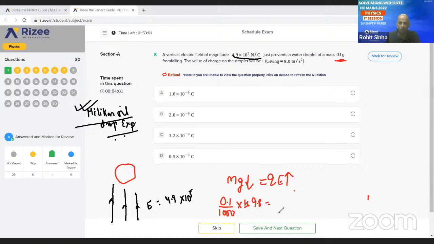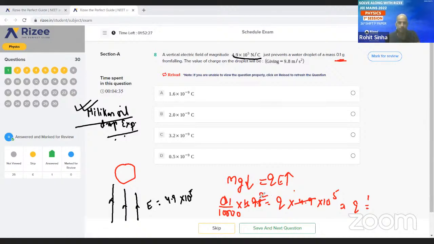Q we have to find, and E is given as 4.9 into 10 to the power 5. Just solve it. The 10 will come here, 4.9 you can see here, this will go by 2, and only the factor 2 will remain. Your answer will be obtained.